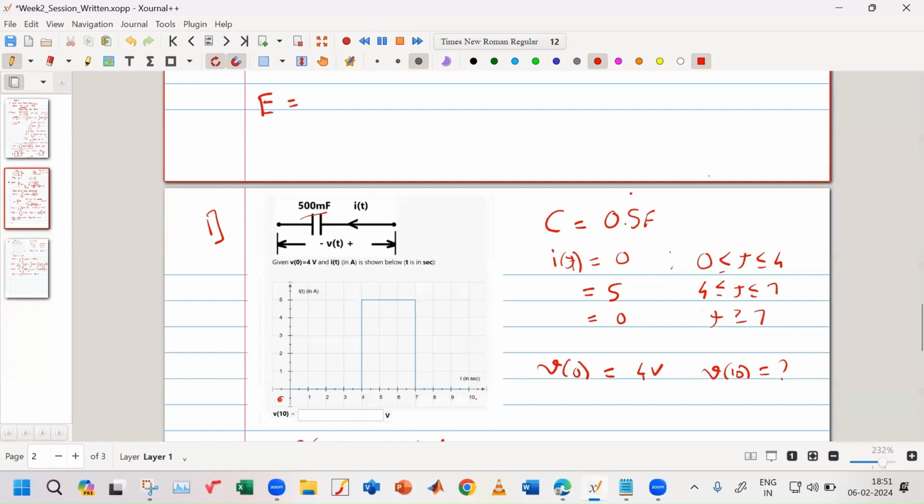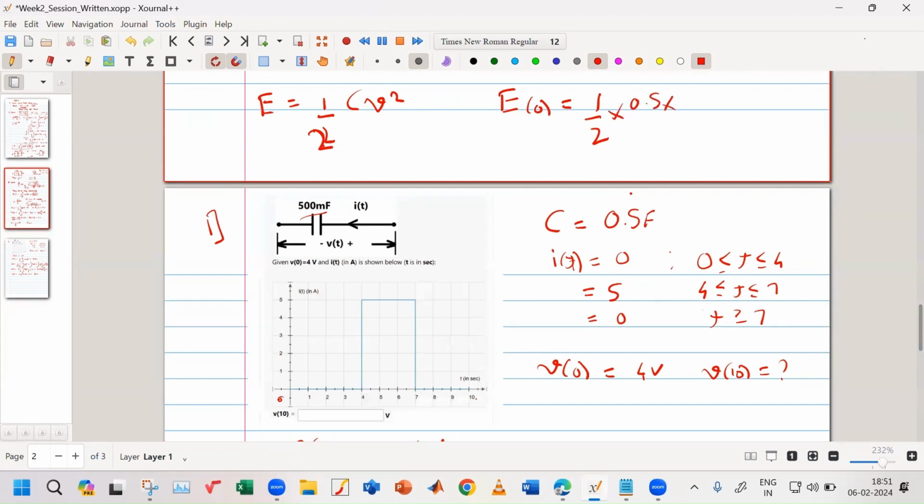What is the formula? Half CV square. What is the energy at time 0? This is equal to half C, which is 0.5, into VC of 0 square.